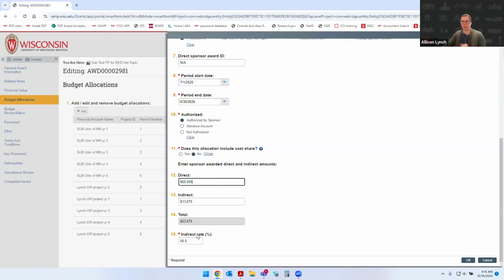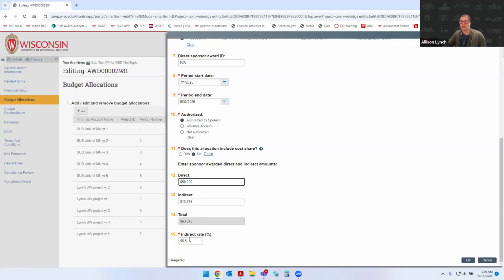This financial account, the pot of money going to the year 1 subaward financial account, uses UW's indirect rate, because that is what we used in the proposal. We proposed that they would get $50,000 in year 1, and we apply 55.5% to the first $25,000 as instructed in our F&A rate agreement.